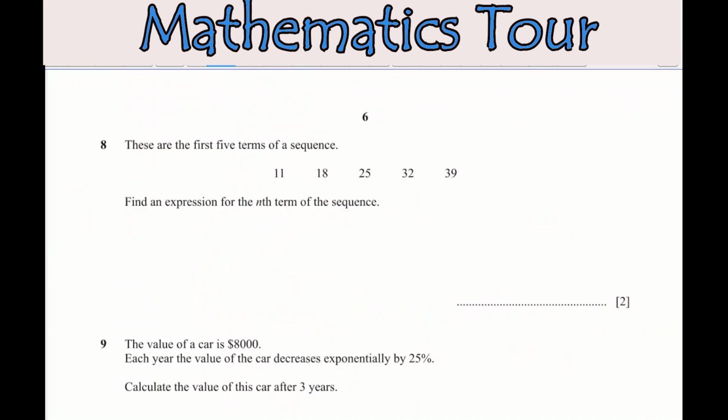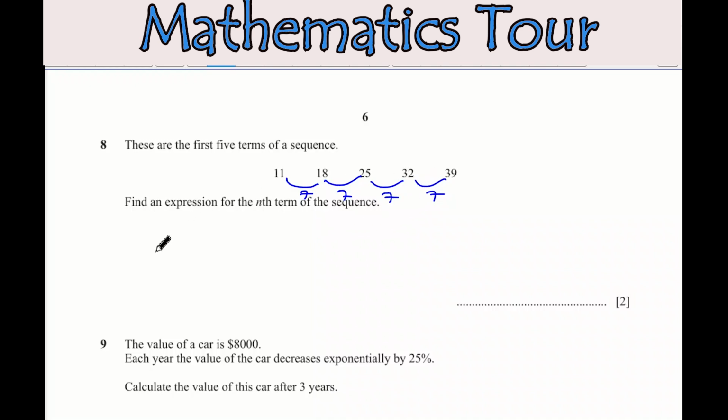Question 8. These are the first 5 terms of a sequence. If you check the rule, it is subtract 7. So that is 7, 7, 7, and 7. Find an expression for the nth term of the sequence.